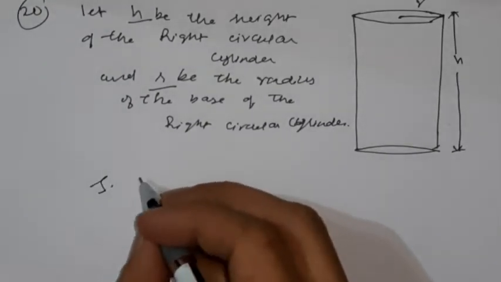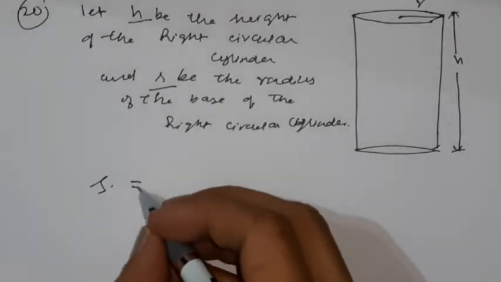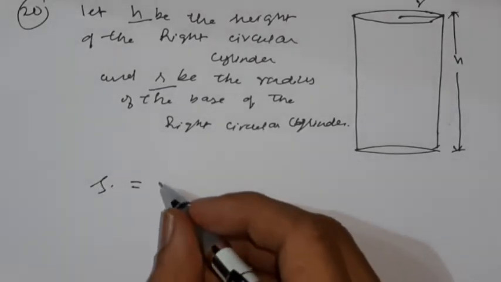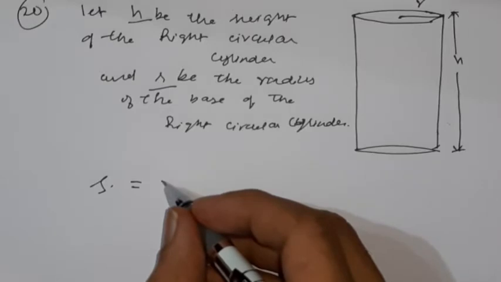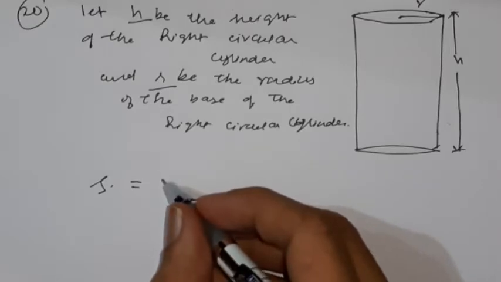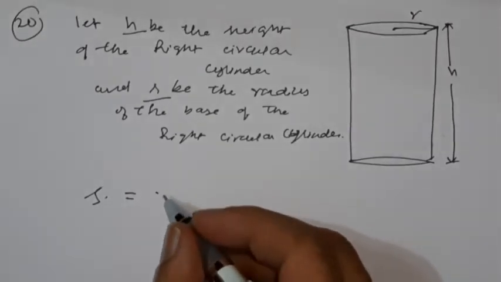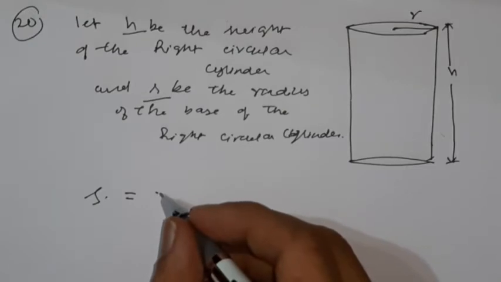So what is the surface area? If we call it S, surface area is nothing but the sum of two areas. You have studied the formula in 10th standard.